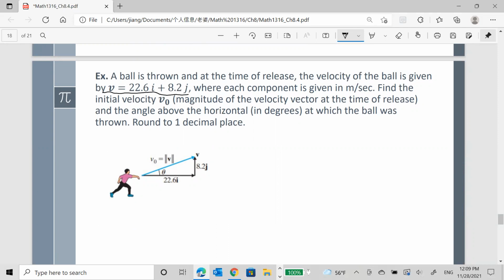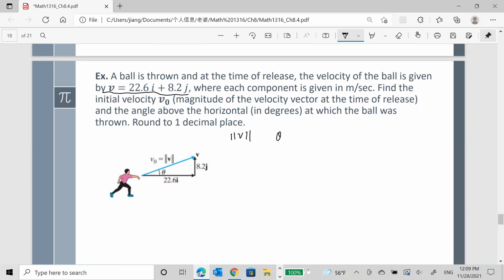Find the initial velocity v sub 0. v sub 0 is the magnitude of the velocity vector at the time of release, and the angle above the horizontal at which the ball was thrown, rounded to 1 decimal place. Oh, it's looking for the magnitude of v and also looking for theta.